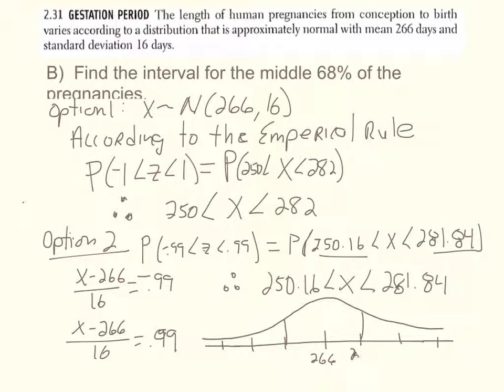This is approximately 282, 298, 314, 250, 234, and 218. That line should actually be just a little bit on the outside. There we go. So shade everything in between.